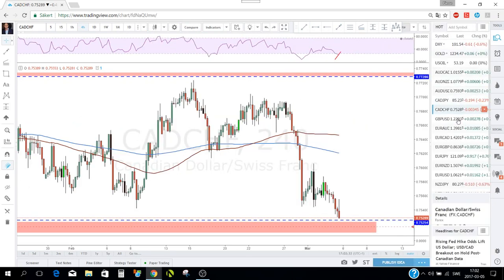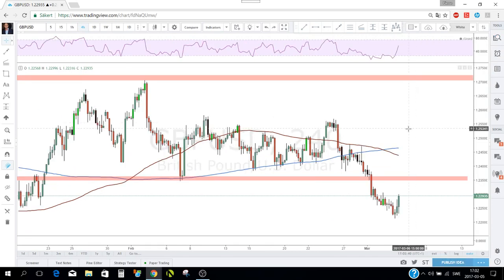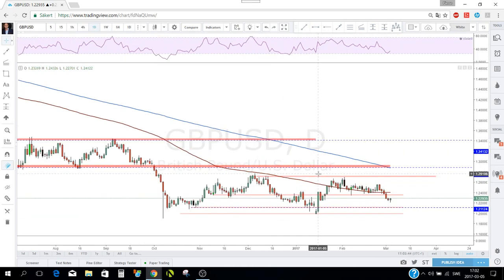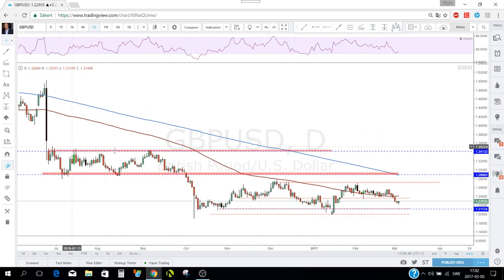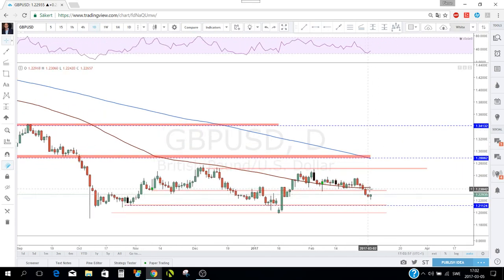Okay, next pair on the watch list. What is this doing down here? Okay, let's see. Sterling USD, we finally broke this level. Let's go to the daily, guys. As you see, we have a downtrend. It's very clear, and we are now back down below the 100 moving average.